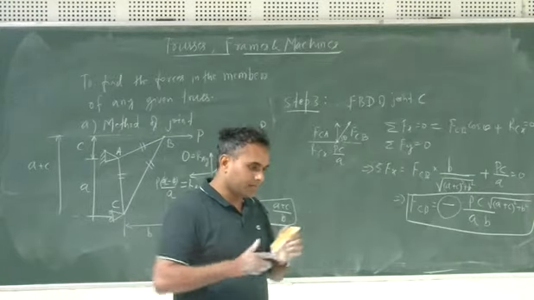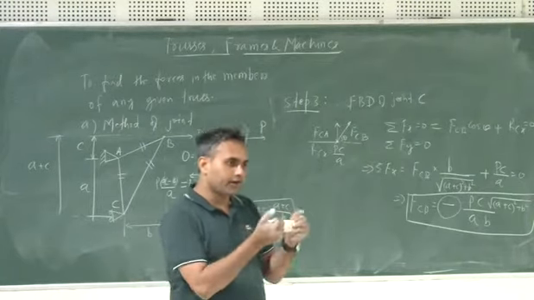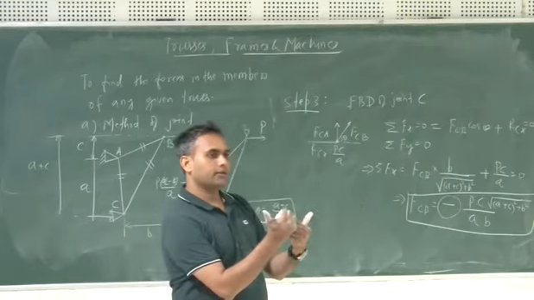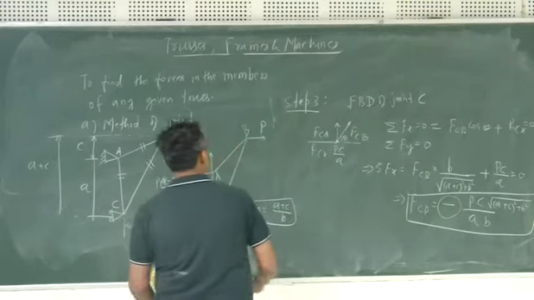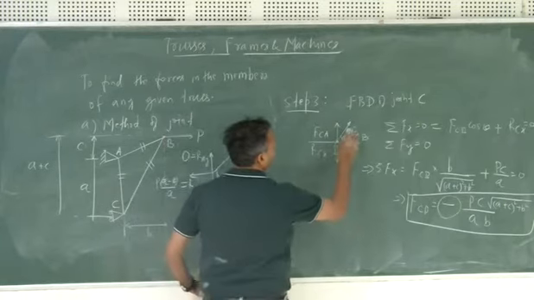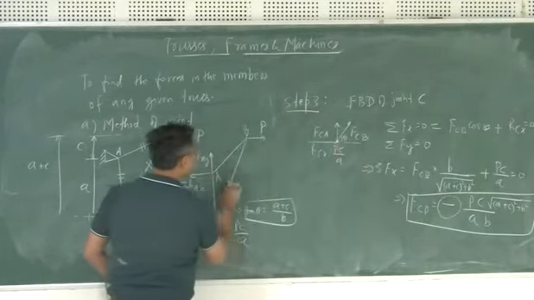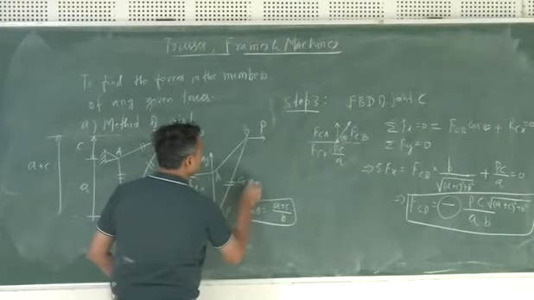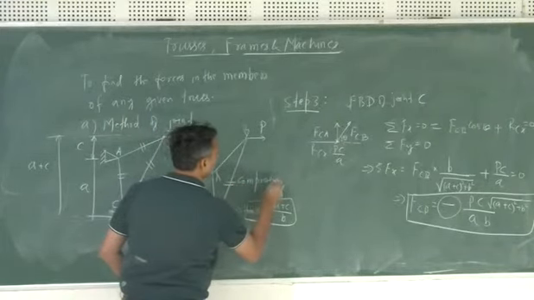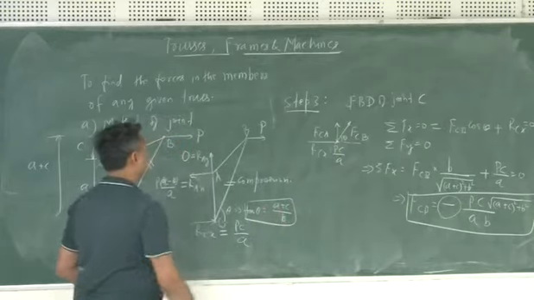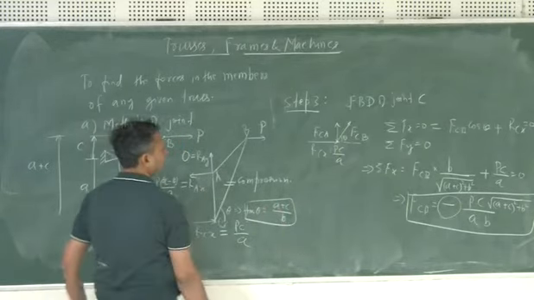If something is compressed like this, it will try to come out, so the internal forces will come out. So when you reverse the direction of this particular force, this member will be under compression, right? So you have found the forces in this.